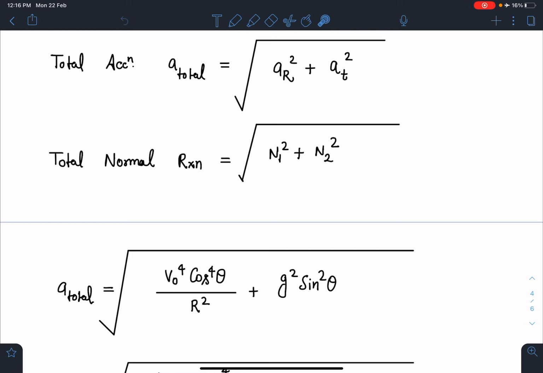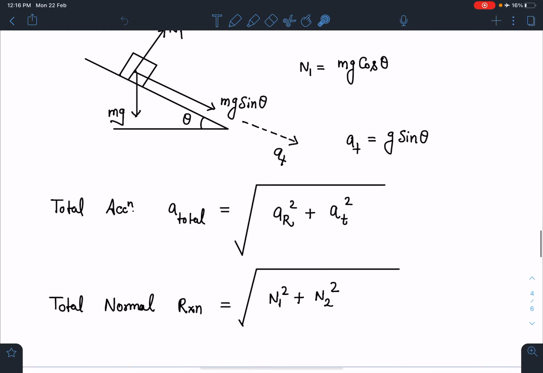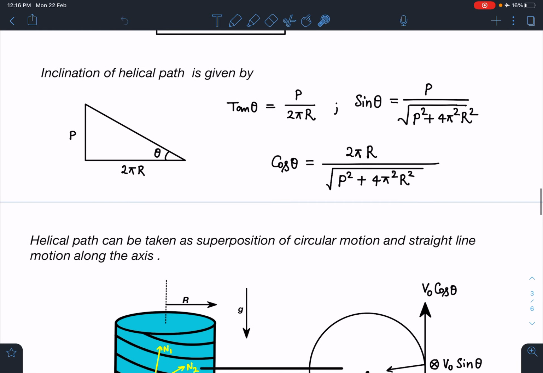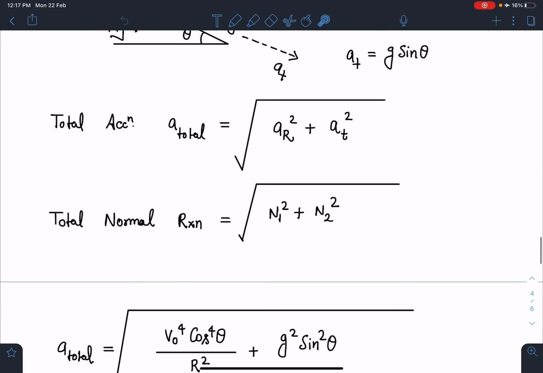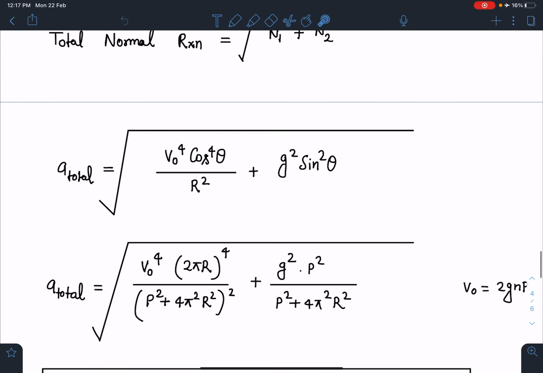So when I substitute the value of v naught as root 2 g h, where h is the total height which has fallen by this particle, and cos theta is known to us here. You can see cos theta was 2 pi r divided by root of p square plus 4 pi square r square. Similarly this sin theta is known to you. It is going to be p divided by root of p square plus 4 pi square r square. So when I substitute these values and simplify, I am going to get this expression.